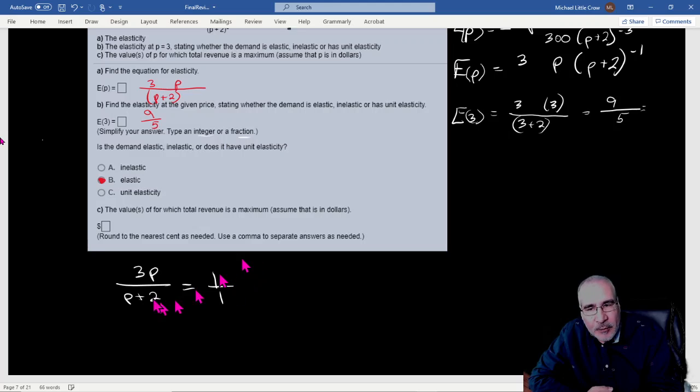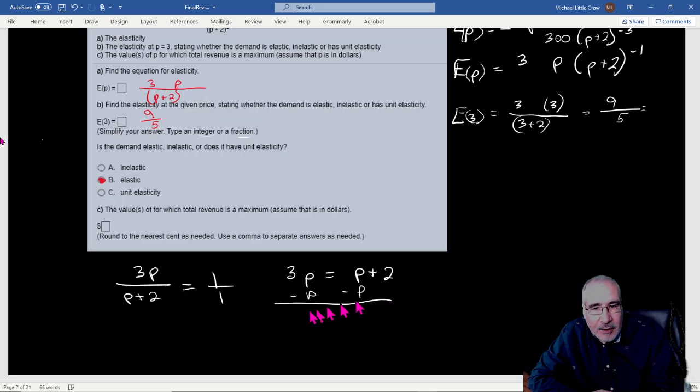Remember, that's 1 over 1. We can cross multiply, so we get 3p equals p plus 2. Or just multiply both sides by p plus 2. Subtract p from both sides. We get 2p equals 2. And then if we divide both sides by 2, we get that p equals 1. So at a price of 1, the elasticity function's equal to 1.